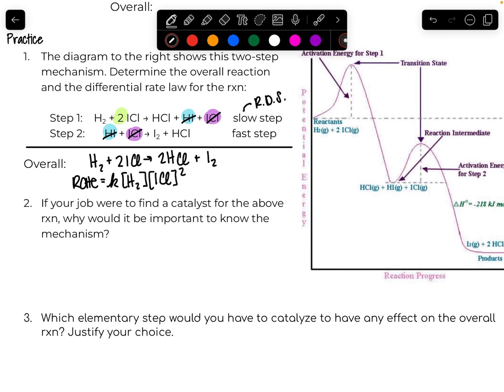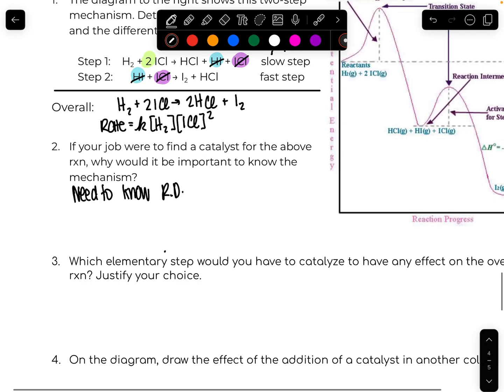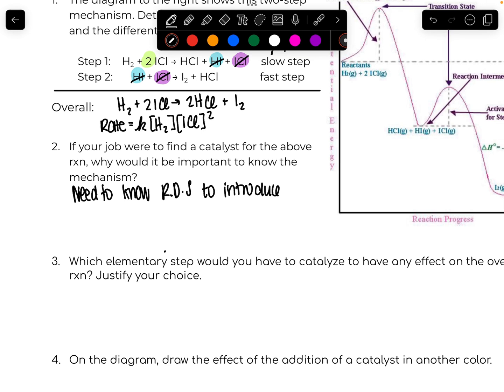It would want to be introduced when you need it to speed up your slowest step, right? So you want to introduce a catalyst that would speed up your rate determining step. So you need to know the rate determining step to introduce a catalyst that would speed up that step.